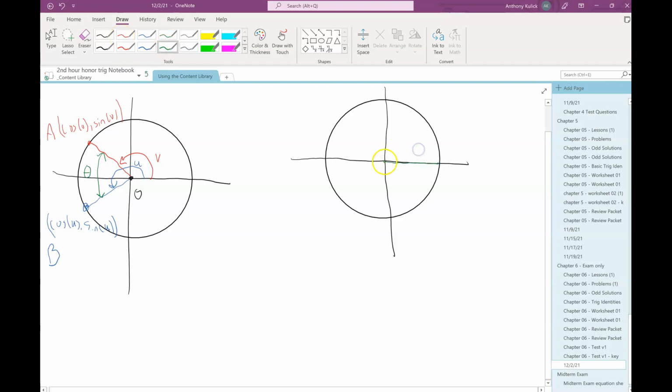So say it's here, right? And I'm going to call that point then A prime. Now, why would I do that? Let's do that. And so that point's coordinate is cosine theta, sine theta.